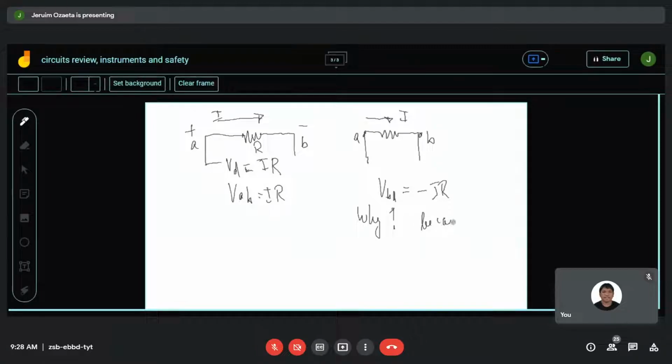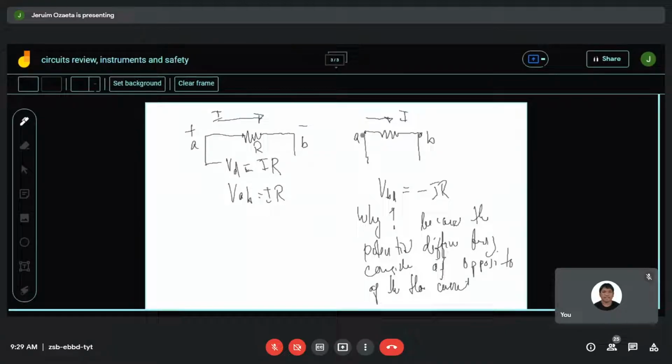Because the potential difference being considered is opposite of the flow of current.